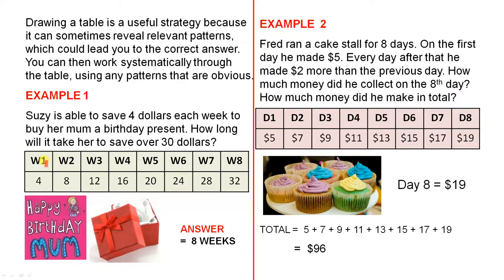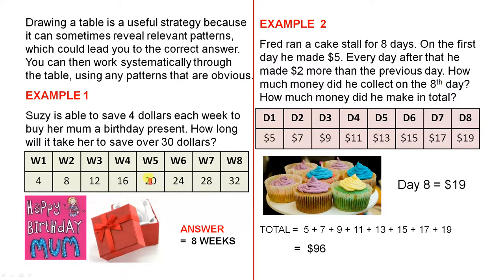Now, for the first week, she saves $4. For the second week, she also saves another $4, so that gives her a total of $8. For the third week, she adds another $4. That gives her a total of $12. And we keep adding $4 on.